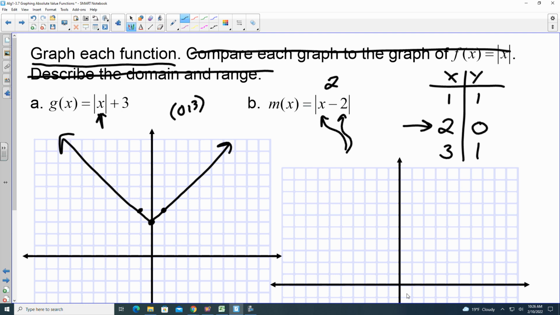So I got 2 comma 0 right here. I have 3 comma 1. I also have the 1 comma 1. All right. I was correct by identifying x being 2 as the location of our vertex, and this is how we were going to graph our absolute value function.